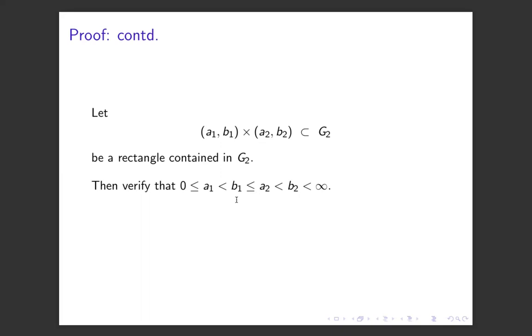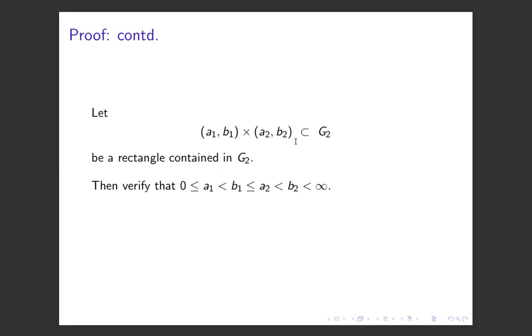Sir, shouldn't it be B1 strictly less than A2? No. See, did you take down that diagram which I gave you? In that, we want only the open rectangle, but the line is not included in G2. Not included in G2.